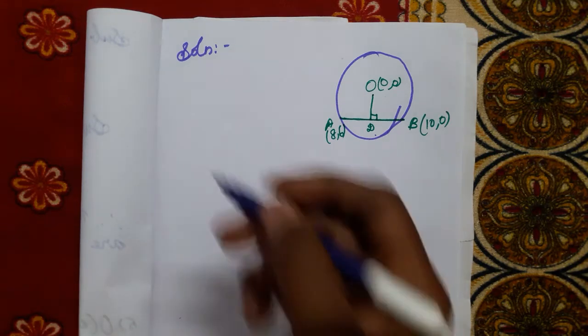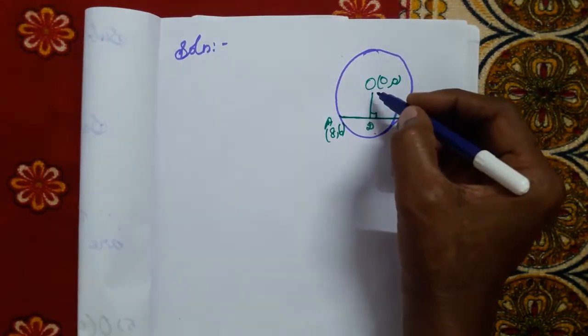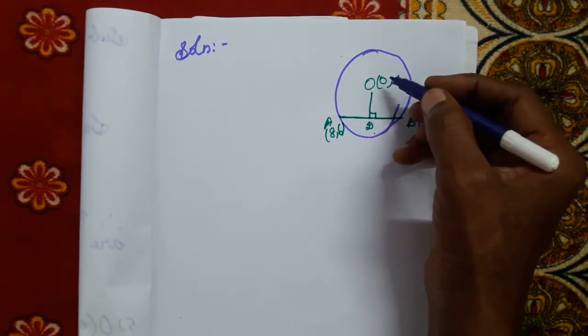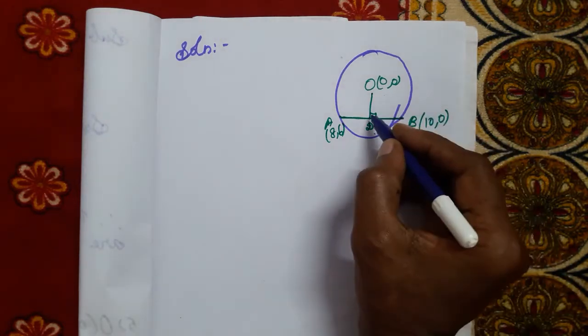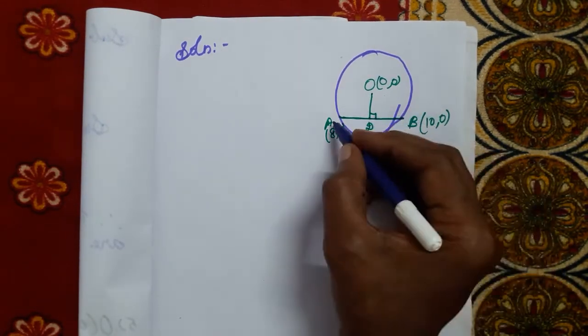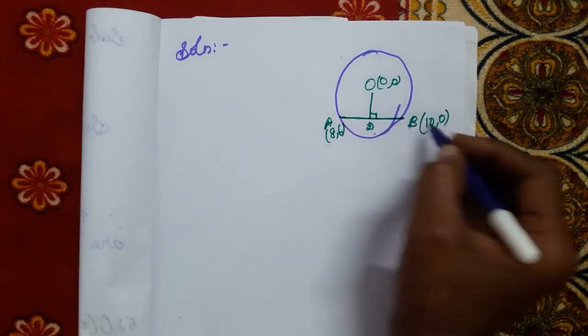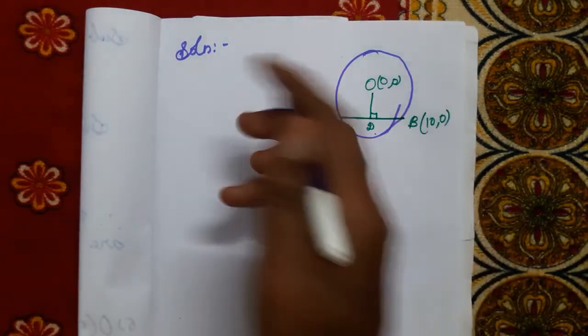Listen here. From the fourth lesson, there is one property: the line joining the center of the circle and the midpoint of a chord is perpendicular to the chord. If OD is perpendicular to AB, we can say D is the midpoint of AB.